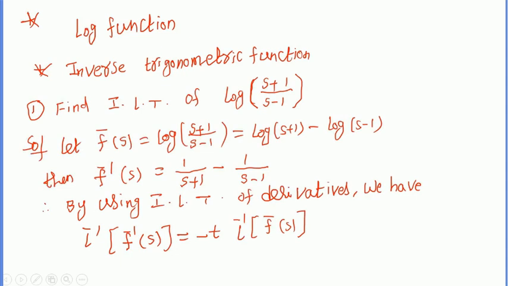So L inverse of 1 by (s plus 1) minus 1 by (s minus 1) is equal to minus t into L inverse of f bar of s, where f bar of s is log of (s plus 1) by (s minus 1).